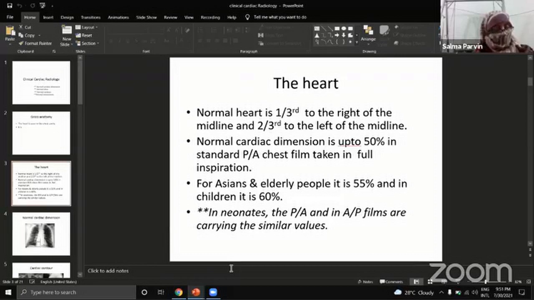There are some issues where the baby needs an erect film, like in perforation, to find out air fluid levels. So that is a different situation. But in routine cases of neonatal X-ray, PA or AP is the same. So you can take it as the same.